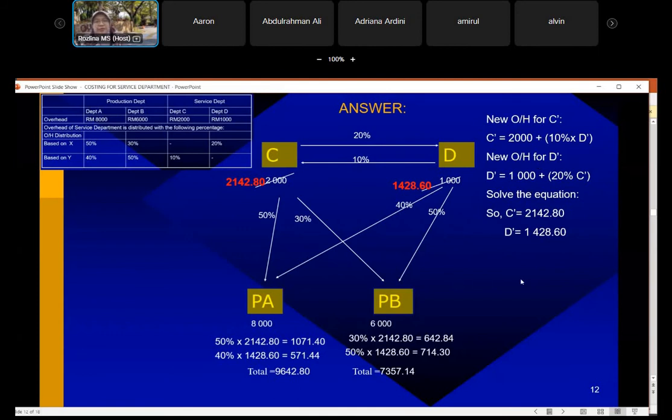Sometimes we don't want to see the final answer punya marks, because kadang-kadang memang ada orang buat silap kan, do mistake. So what we want to look is the steps. We give the marks to the steps. Okay. So be careful lah, jangan just show dia punya answer. And that is to avoid you to be accused by the evaluators.